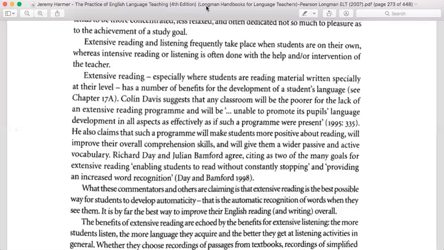Reading aloud is one of them. A teacher can read to the students aloud, or the teacher can give different students an opportunity to read the text aloud in the class.